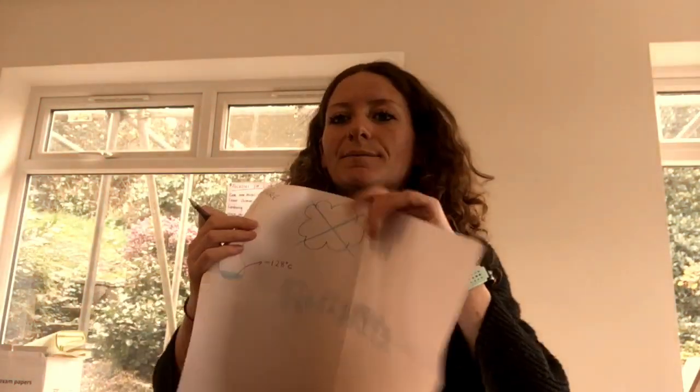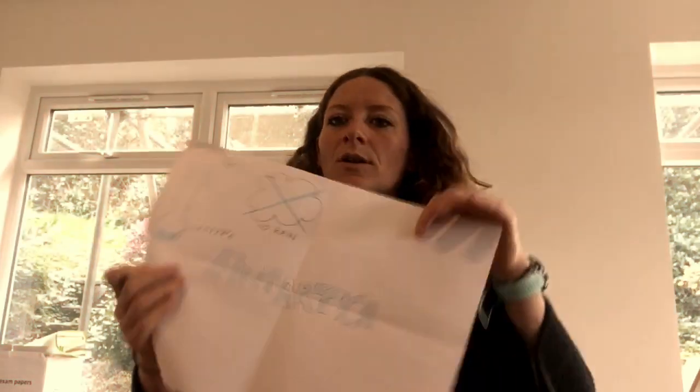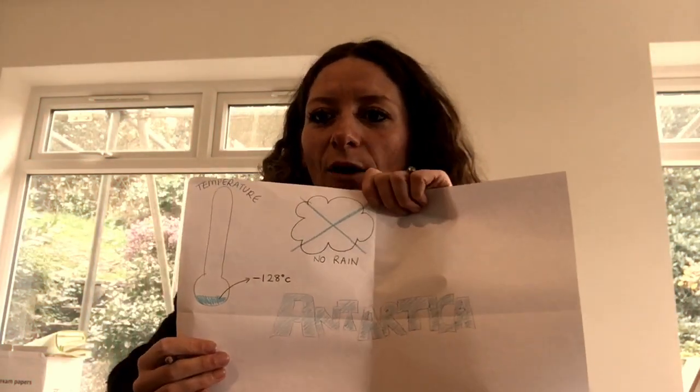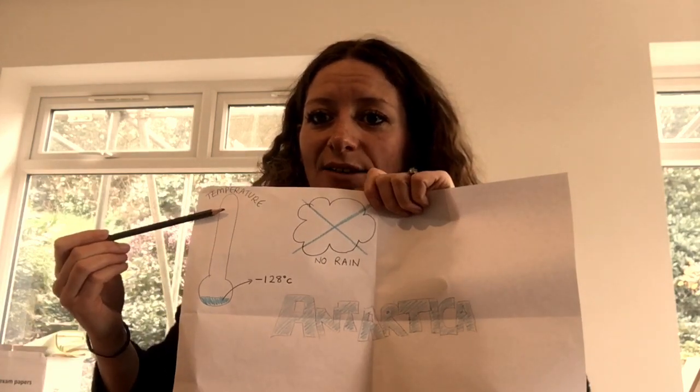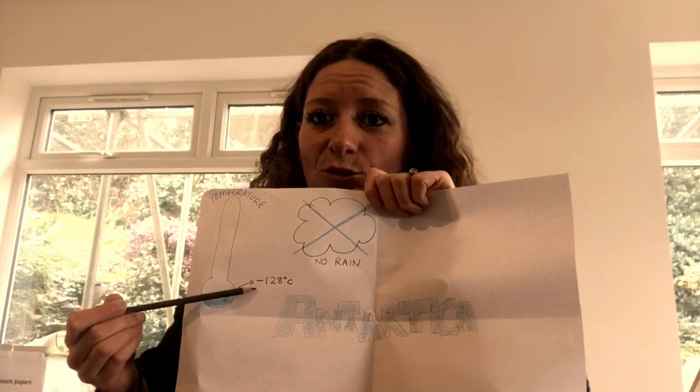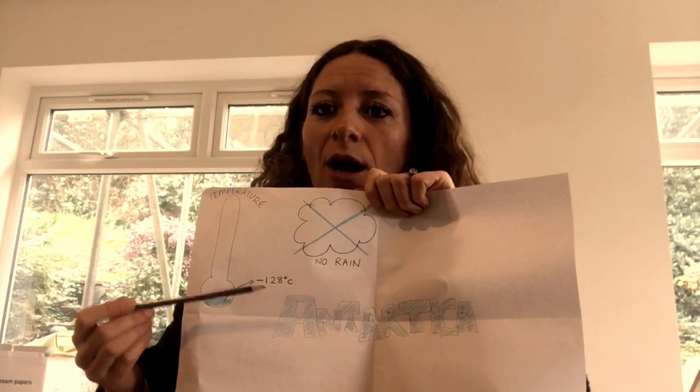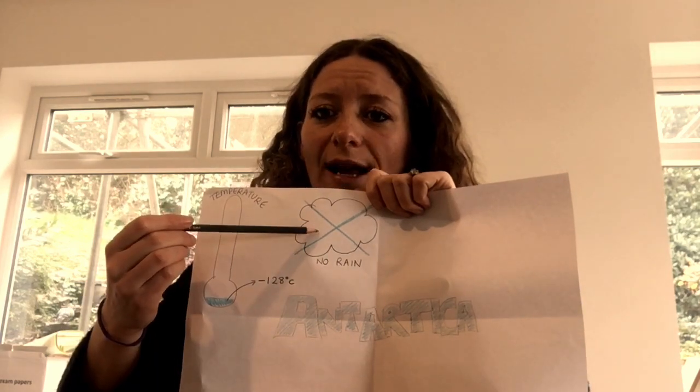So it looks like that. And then underneath it, I'm going to put no rain. So that I know now that the climate in Antarctica has the lowest temperature of minus 128, but also that it has no rain. Now it'd be worth adding a label to that box that says climate.